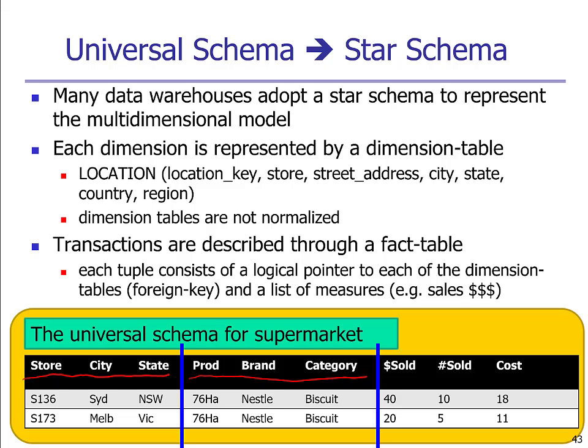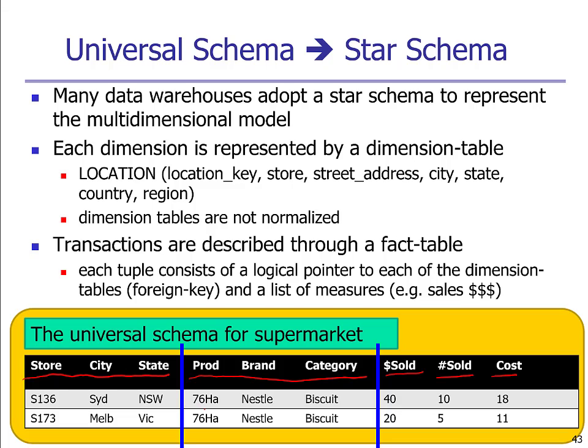Dollar sold, number sold, and cost are more like the facts, the real parts of the transaction, all the measures. The other parts are more like the dimensions. So apparently we can decompose it into three subtables. For example, we can take store, city, and state as one table, and product, brand, and category in another table, and so on.